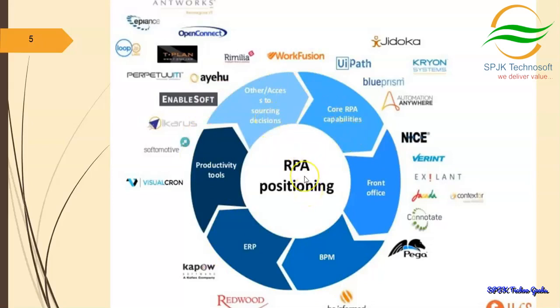In today's topic we are going to cover Automation Anywhere, which is core RPA capabilities. There are other popular RPA tools like Blue Prism, UiPath, Pegasystems, etc. There are more than 50 RPA tools available in the current market.